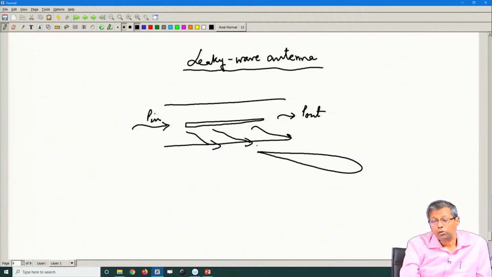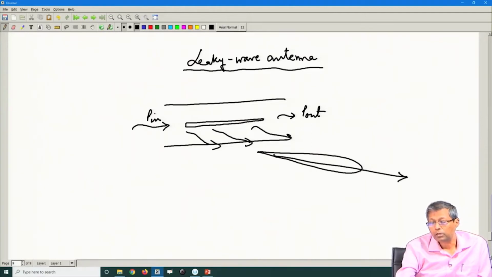Now, this is called a leaky wave antenna because as the wave propagates along the waveguide, the energy radiates from this structure. In a practical application of this leaky wave antenna, one of the very important characteristics is which angle this beam is pointing.